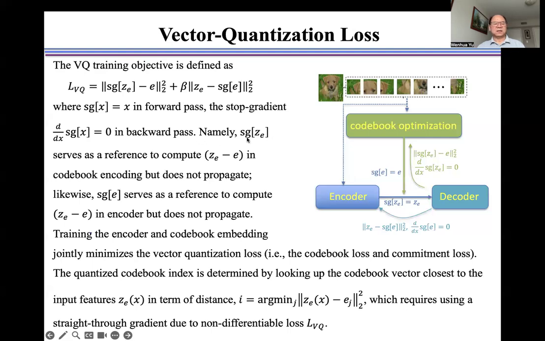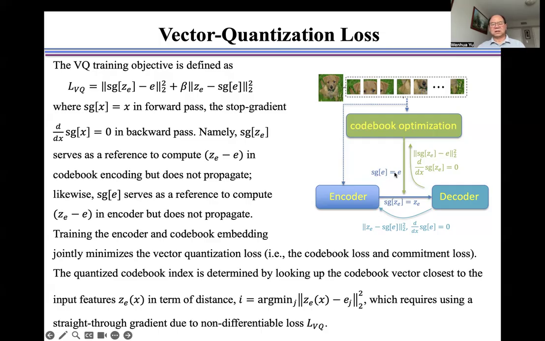Namely, SG serves as a reference to compute the difference in the codebook encoding, but doesn't propagate. Likewise, SG serves as a reference to compute the difference in the encoder, but doesn't propagate, as shown here. This is the encoder, this is the codebook optimization.